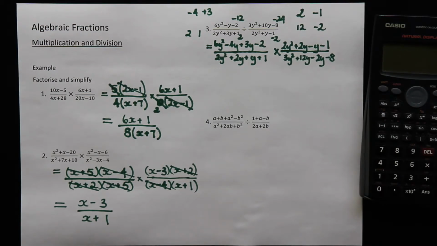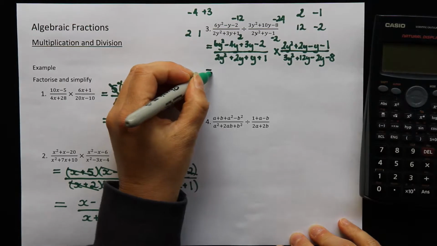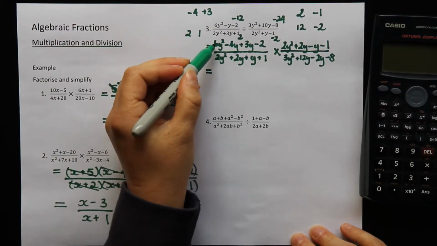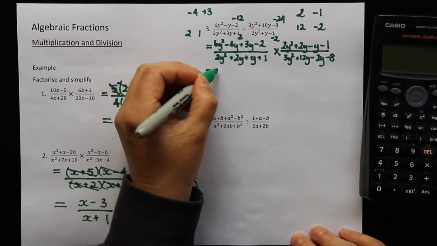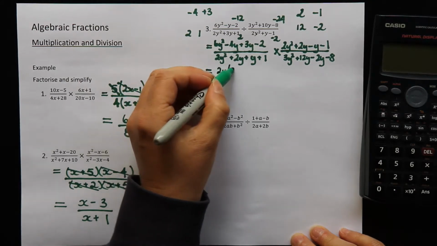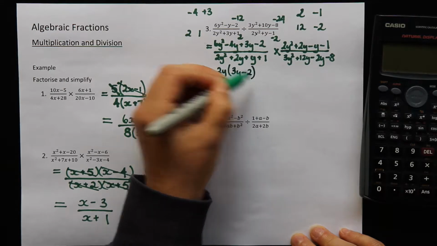Okay, so we still have to keep going. We're not factorized yet. Now we need to factorize each of these in pairs. So 6y squared minus 4y, the first two terms, I can take out a 2y, giving me 3y minus 2.